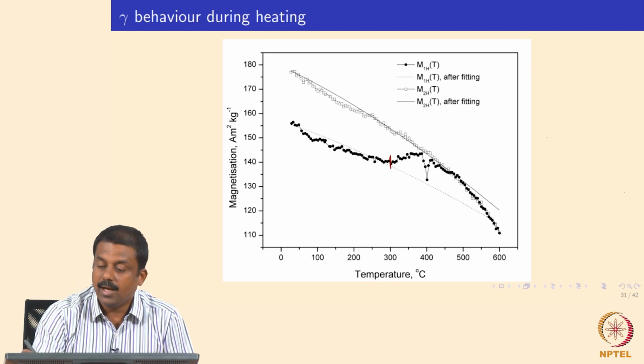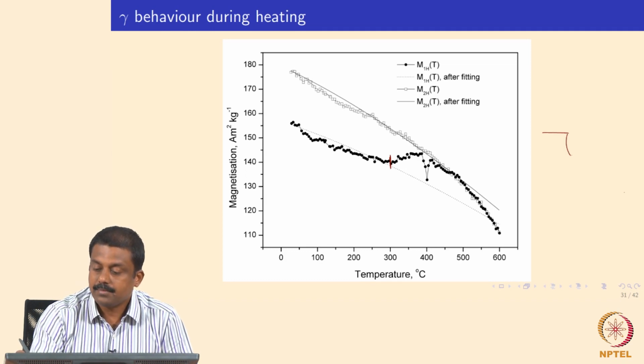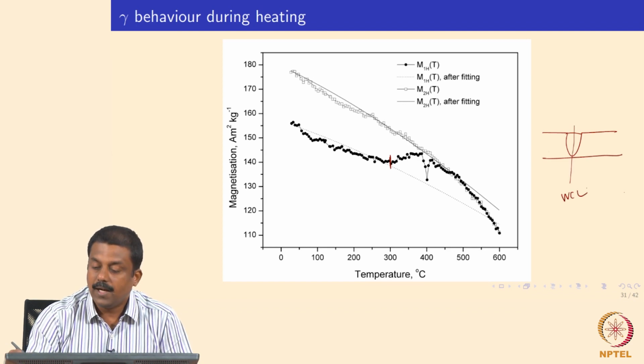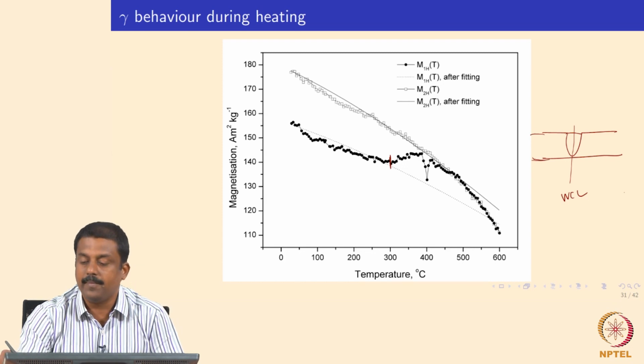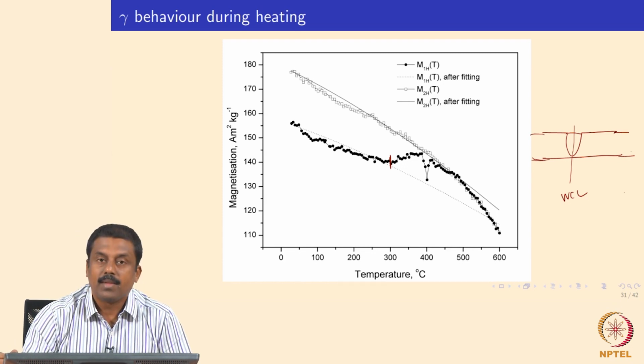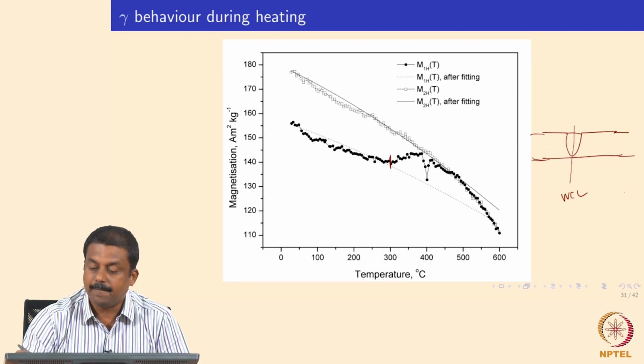So, for example, you have a weld region, and this is the weld center line. As I always draw, now we need to understand, as a function of distance from the weld center line, how the retained austenite fraction can change, because that is going to determine the microstructure of the various regions across the heat affected zone as well as the weld zone.